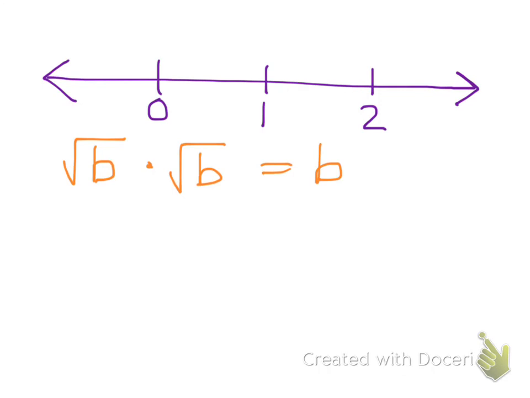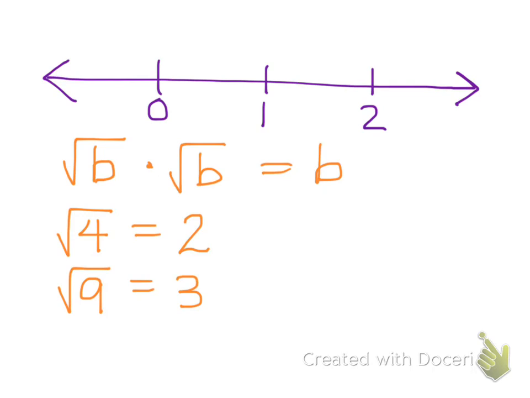We would say that the square root of 4 is equal to 2. The square root of 9 is equal to 3, because 3 times 3 is 9 and 2 times 2 is 4. We were trying to find, we had s squared is equal to 2, so we could say that s is equal to the square root of 2.